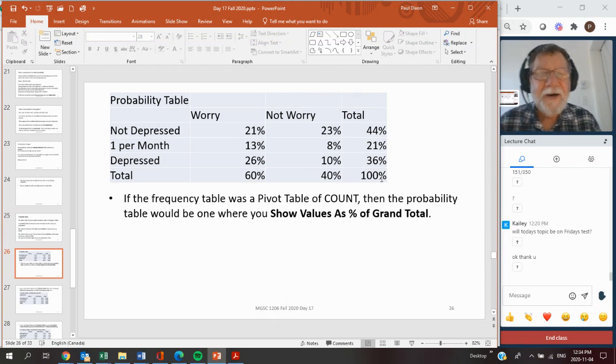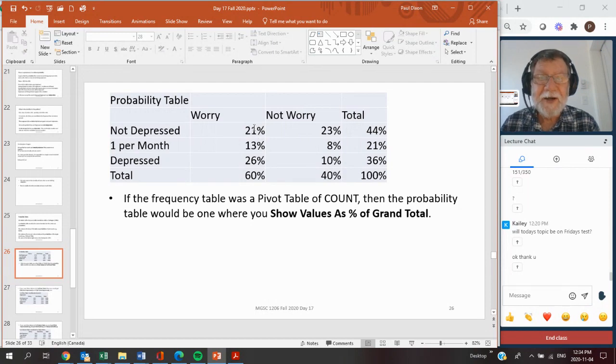If I took all of the numbers and divided by 583. Now, we did do that with some. We did chance of being depressed. We took the 207 divided by 583, and we got 36%. Or worried, it was 60%, the 350 out of 583. If you take every number in the table and divide by the total in the bottom, you get these probabilities.